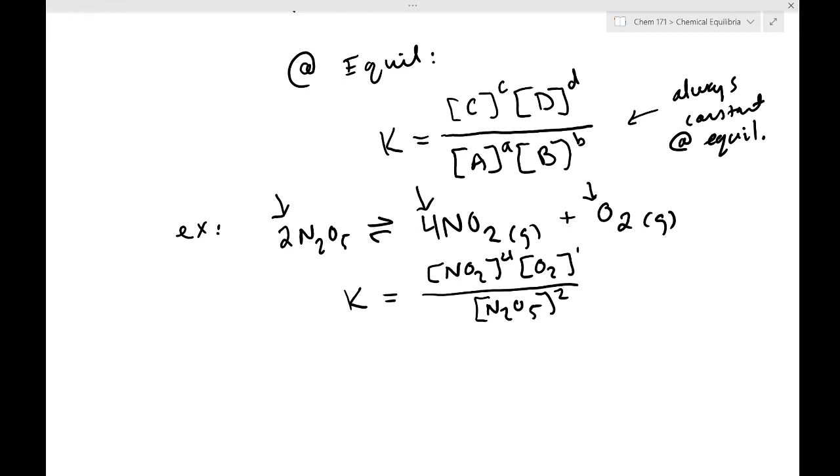Okay, so that's how you formulate the equilibrium constant. As long as you figure out the concentrations, and if you know the concentrations, you can figure out the equilibrium constants.